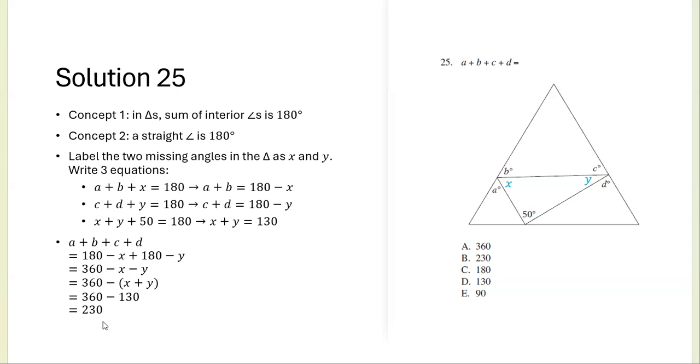So the answer is 230. A plus B plus C plus D is 230. Okay, look, trap answer, X plus Y is 130, right there. That's not what the question is asking. So I would imagine this is one of the harder problems toward the end of the sections.